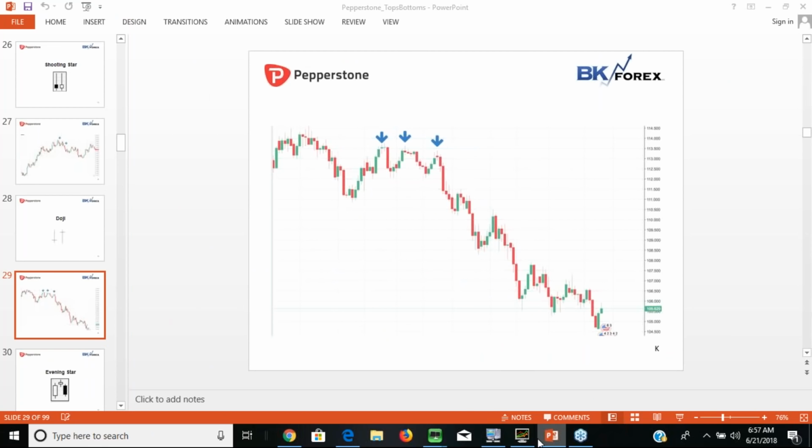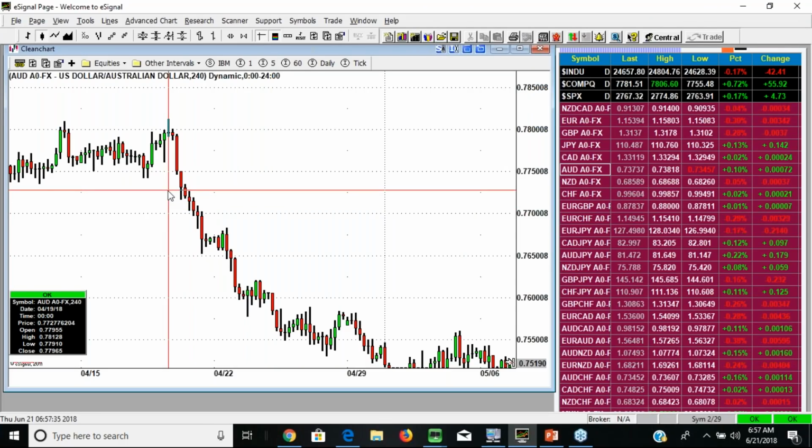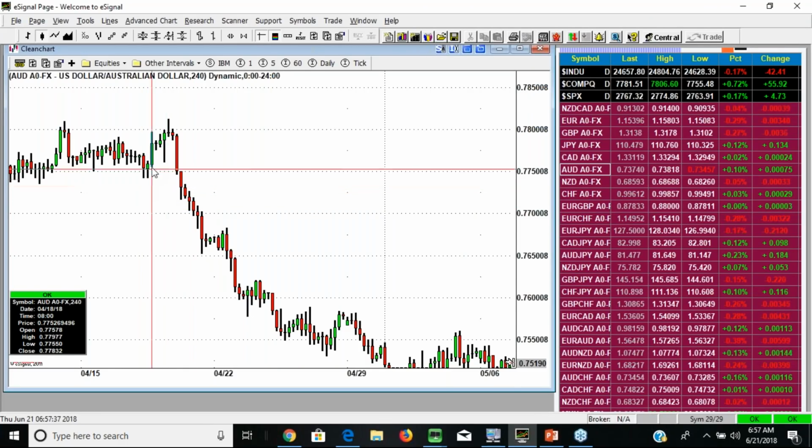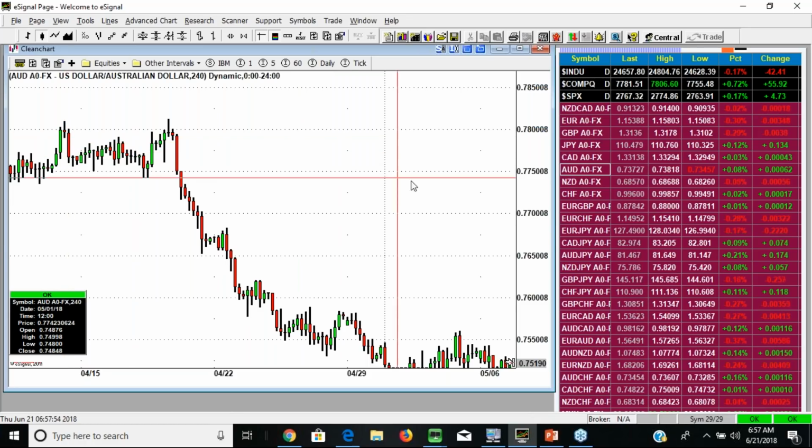If you look at some live examples, we were just looking at the Aussie dollar. This is a really beautiful doji candle, especially on a 4-hour chart. You also see a really nice doji candle here, and these are 4-hour charts, so it's a slow trade, and it just precedes the breakdown in the currency pair.